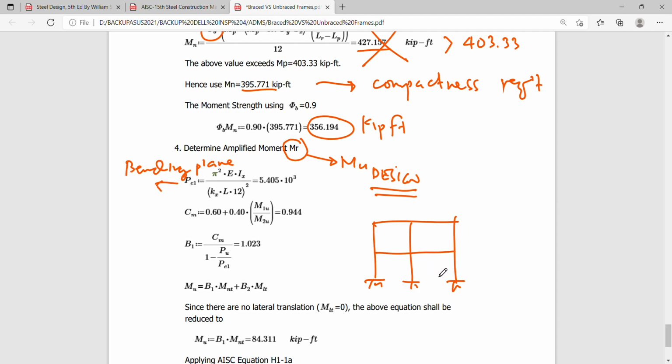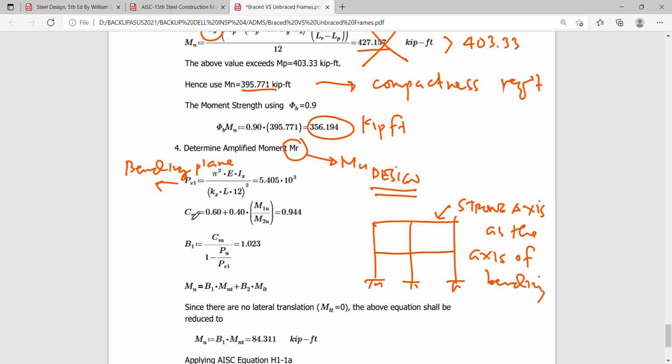So my bending here will be an in-plane bending, and as discussed earlier on our problem, we have actually considered the strong axis as the axis of bending.